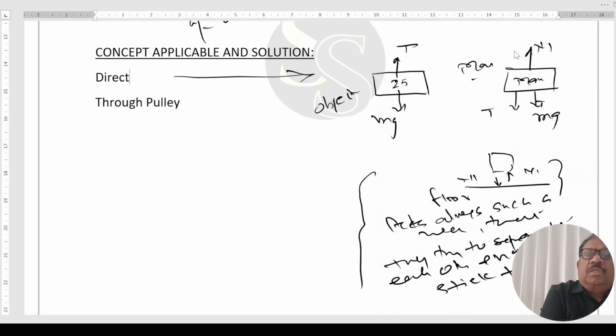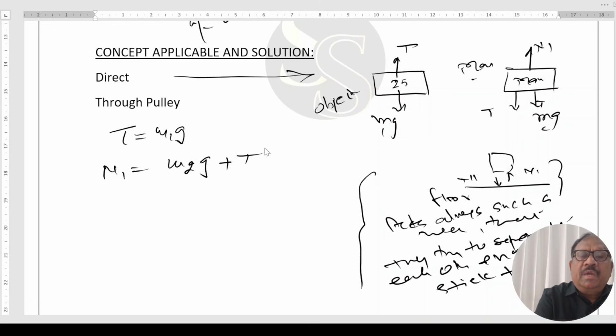Now, in this case, this is M1, this is M2. T equal to M1g. In this case, vertical motion is there, N1 will be equal to M2g plus T. What is T here? M2g plus M1g. This comes out to be M1 plus M2 into g.